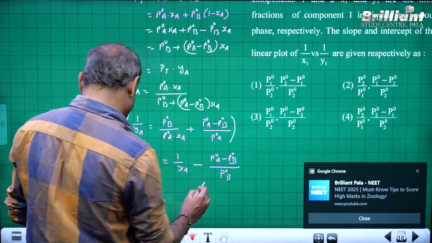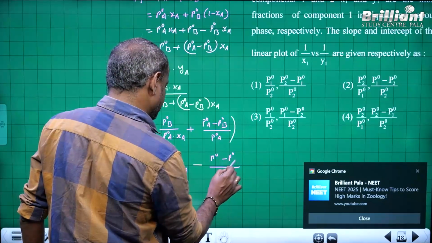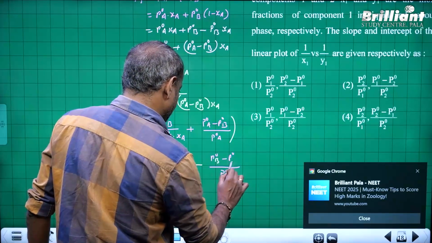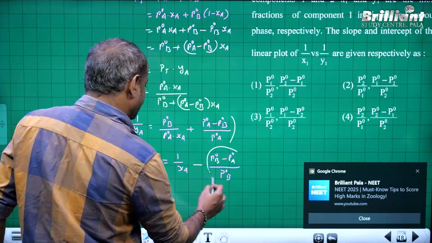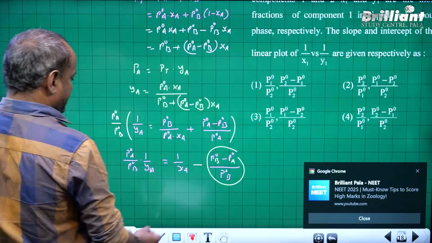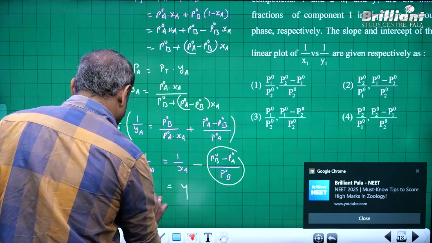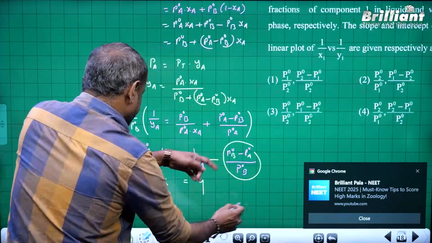This is taken as B minus A, so this term is taken to the right side as plus. Then y is equal to mx plus c.